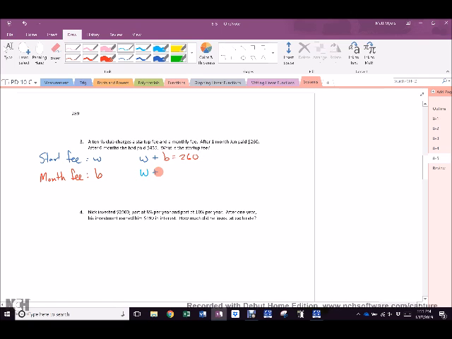How many monthly fees? 6 B's. And that equals 435. What am I automatically set up for? Elimination. By adding or by subtracting? Subtracting. W minus W is what? 0. 1B minus 6 B's is how many B's? Negative 5.